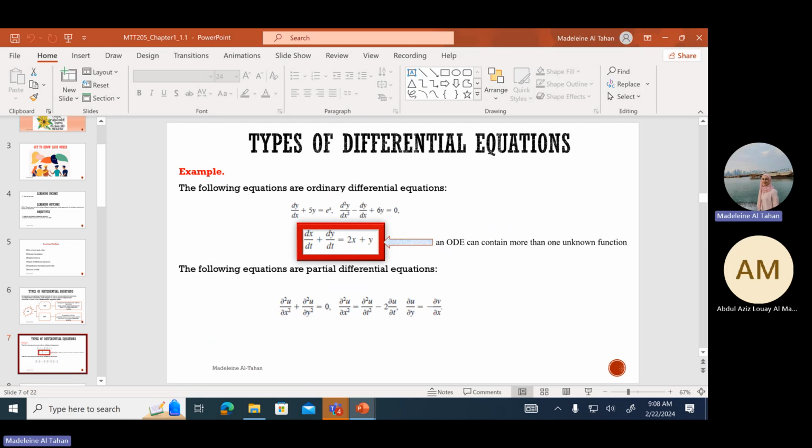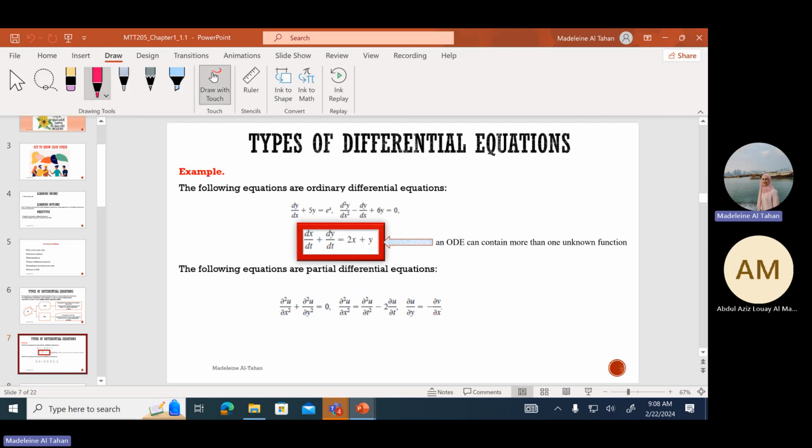So let's look at this one. I usually use two notations because if our students are using other resources or browsing the internet, instead of y prime they may see dy by dx. Both of them are the same thing. It means the derivative of y with respect to x, which is the first derivative.